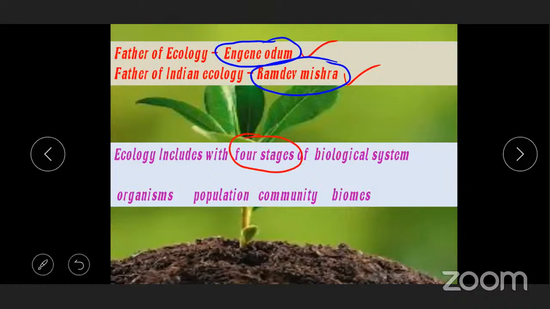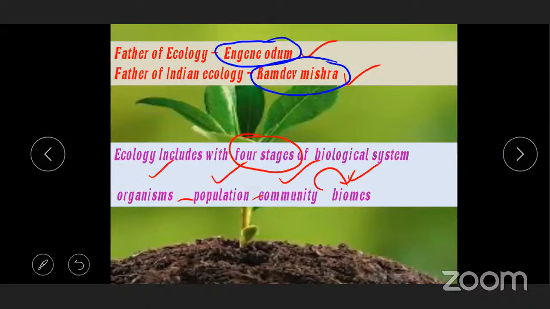There are 4 stages in every ecosystem. Those are, the first one is organism, population, community, biome.